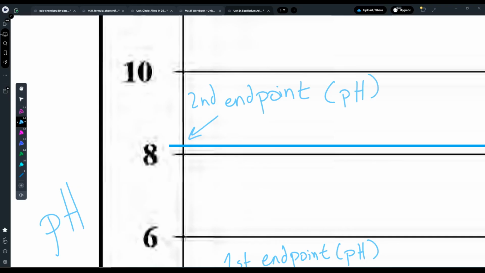Between 8 and 10, the middle of that would be 9, so right around there. So I would say this is probably at a pH of 8.2, 8.3, somewhere around there.